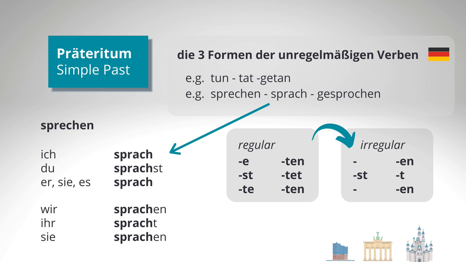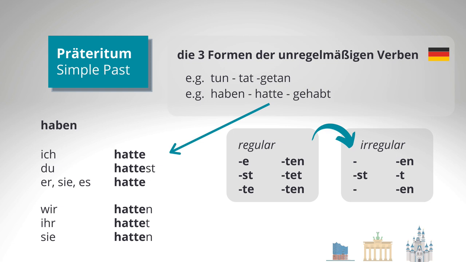Let's have one more example. This time we'll take one of the most important verbs in German, haben, to have. The three forms of the verb haben are haben, hatte and gehabt. You see, it's an irregular verb. So the Präteritum form of the first person singular becomes our root. In this case, hatte. Ich hatte.